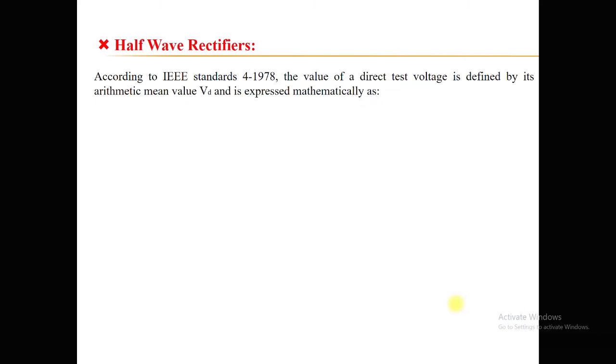So according to the IEEE standard, the value of DC voltage is actually defined by its arithmetic mean value. So it is expressed as Vd is equal to 1 upon T integral 0 to T V of t dt, where T represents the time period for completing one cycle.